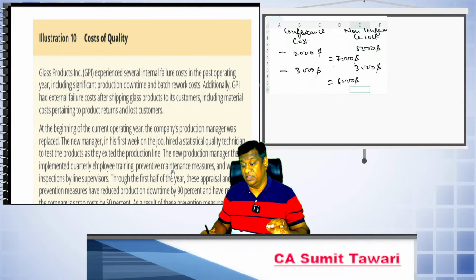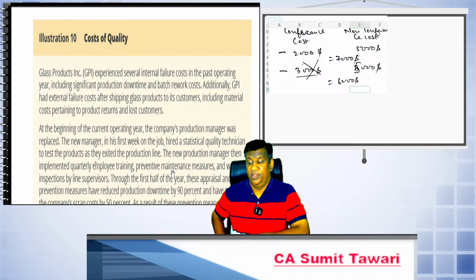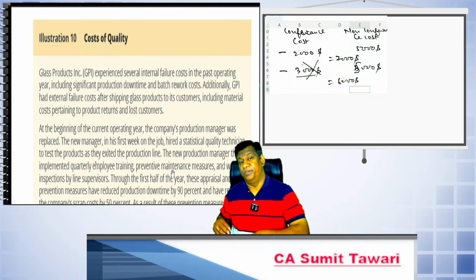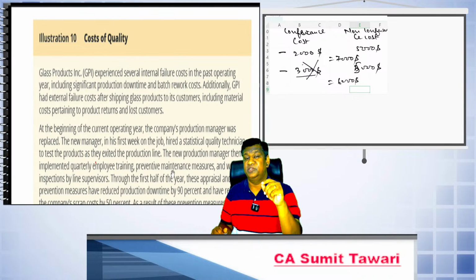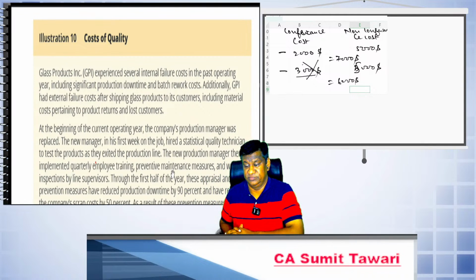But in spite of increasing the cost here, if this cost stays as it is, does it make sense to incur the additional expenses on conformance cost? Whenever you are comparing conformance and non-conformance cost, you need to make sure that the additional expenses on conformance cost help to save non-conformance cost.